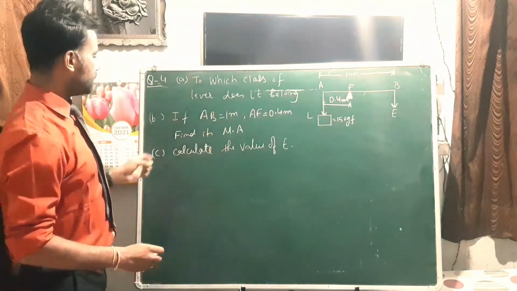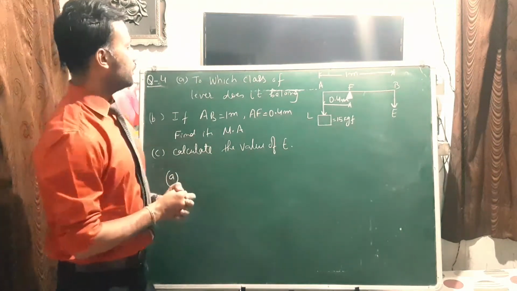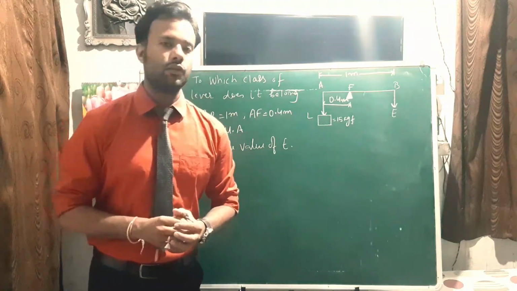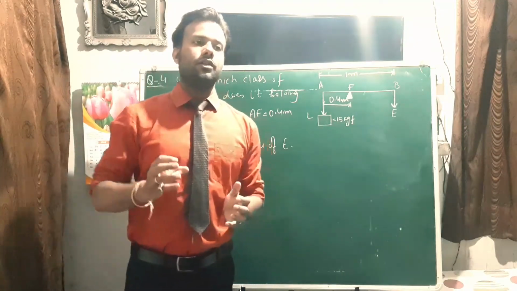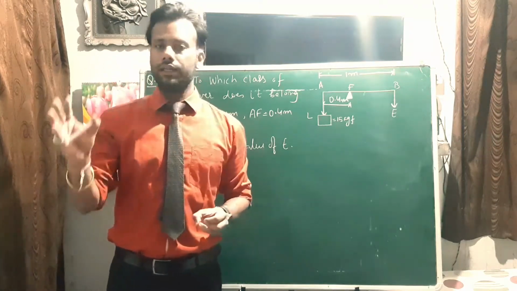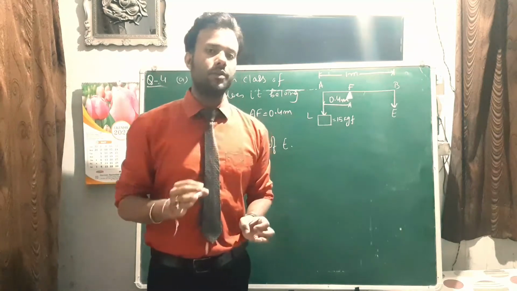So the first part, to which class of lever does it belong? In the starting of the video I told you a trick to learn the classes of lever, that was F, R, E. So in class 1 lever, F, that is fulcrum, is in the middle.